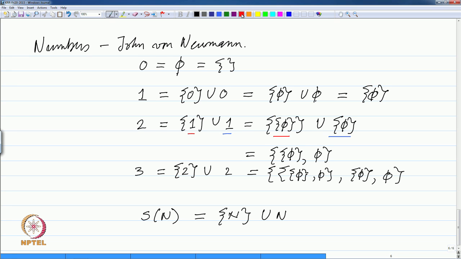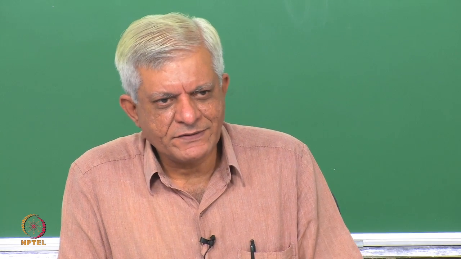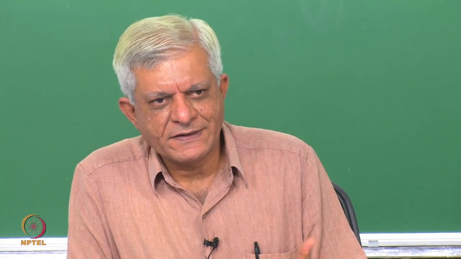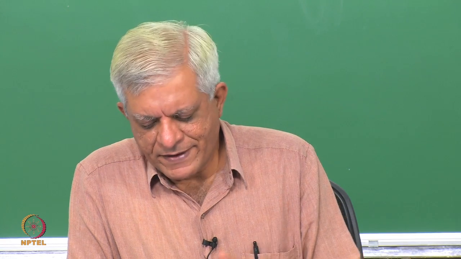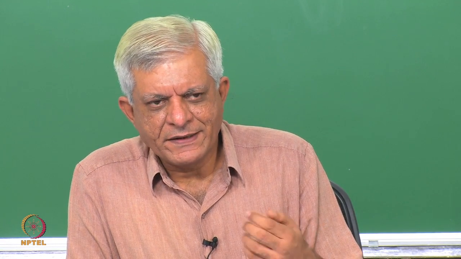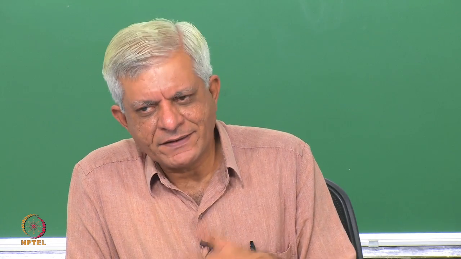So, you can see here that the number 3 corresponds to a set which has 3 elements essentially. So, in this way we can define the set of natural numbers starting with the empty set by saying that the successor function defines a set by taking the previous number and taking a union of the previous number with a set containing the previous number.